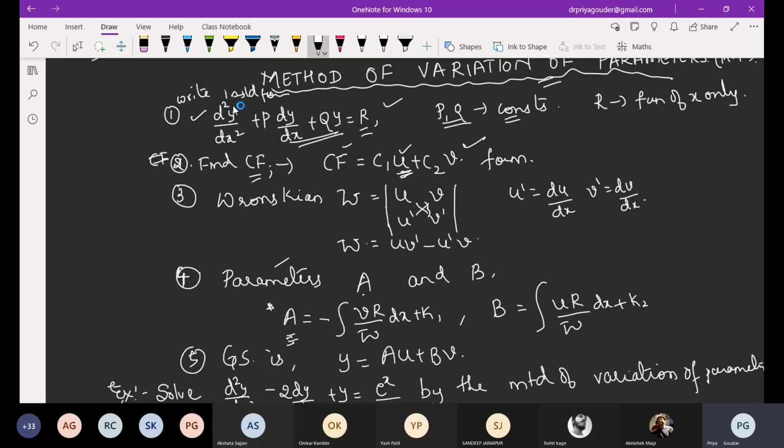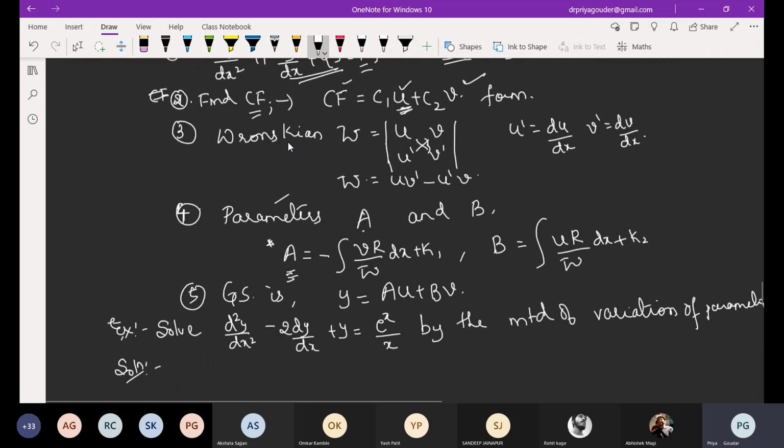You should write in this standard format. Is the given equation in standard format? Yes. If you want, you can write it in terms of capital D. Otherwise, directly also you can write, because when we find CF, we write the auxiliary equation. So I'm just writing in terms of D, nothing much.